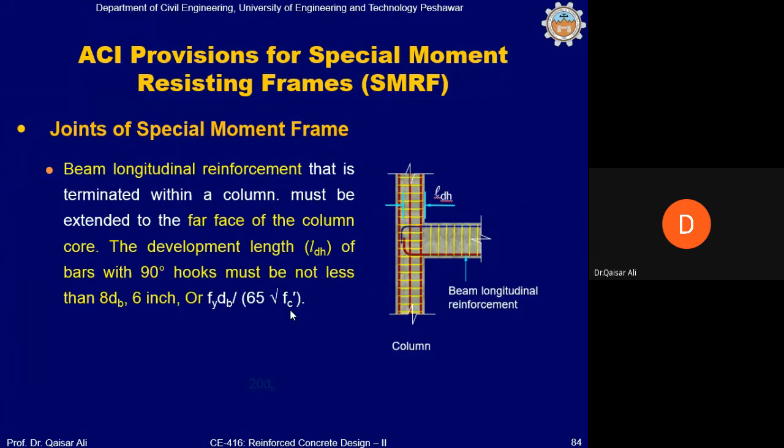You should study these provisions, and if you have any question, you can come up with your question next time, and we will try to finish this lecture next week, covering the remaining part and then one example. We will try to solve one example, and within that example, we will follow all these provisions of the ACI code.